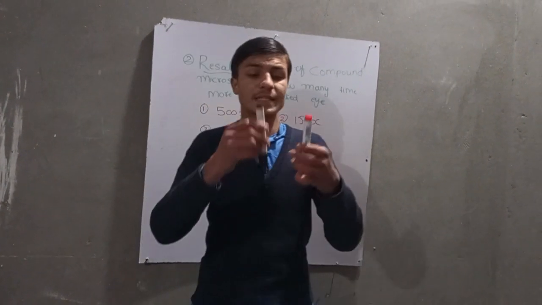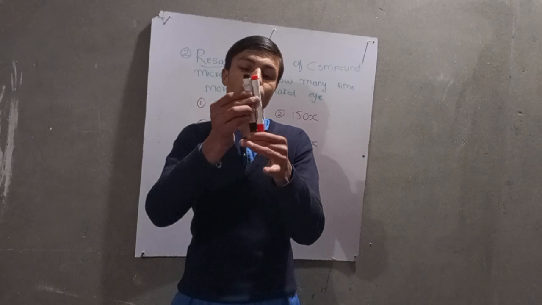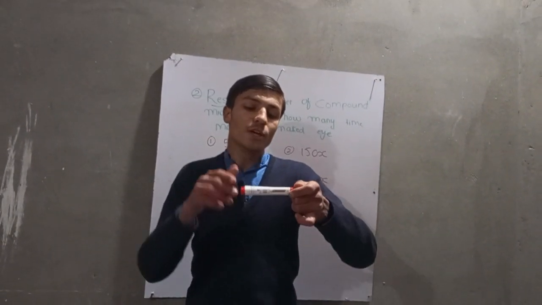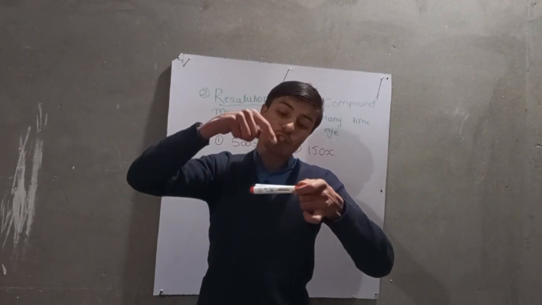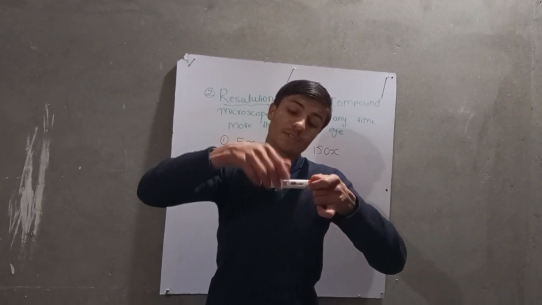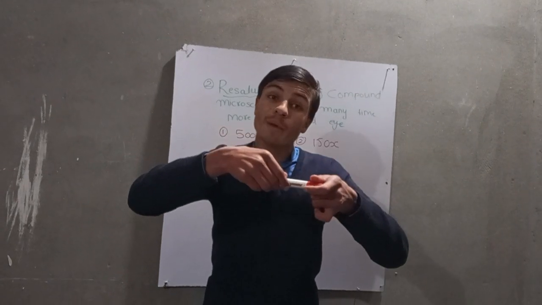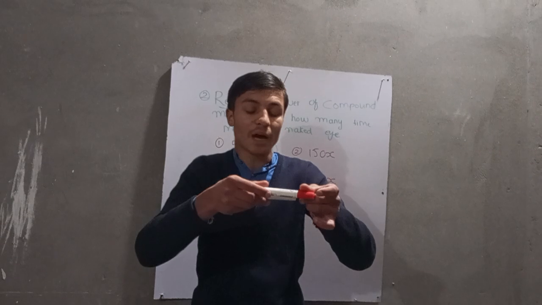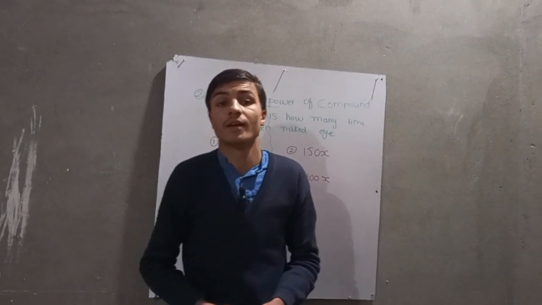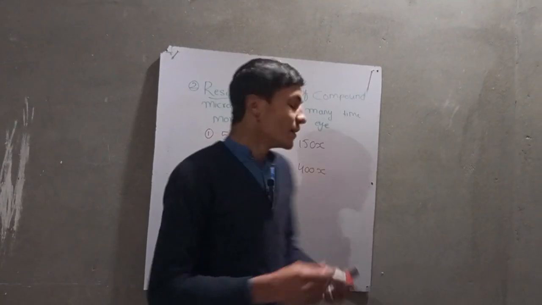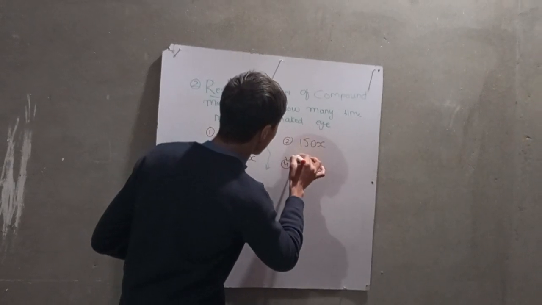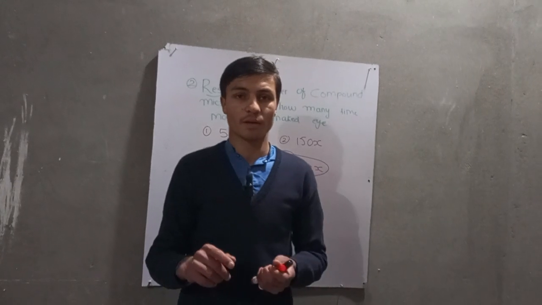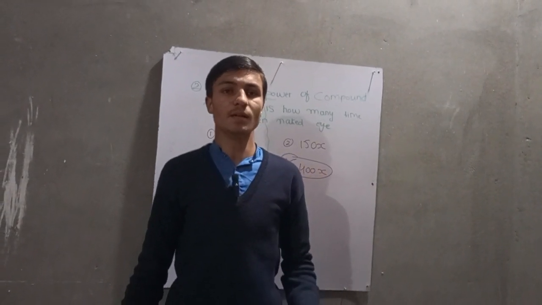For example, there are two objects and I see both under one lens. The power of the microscope to let me see these two objects separately from each other, how many times compared to the human eye? According to the class 11 book, it is 400 times.